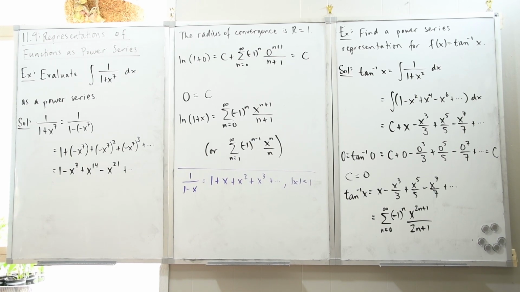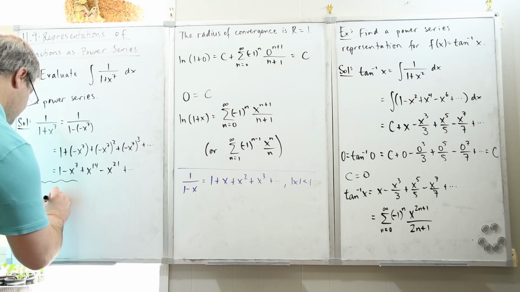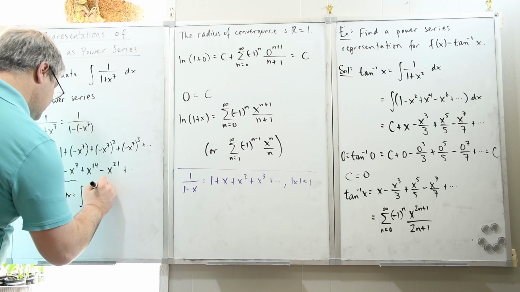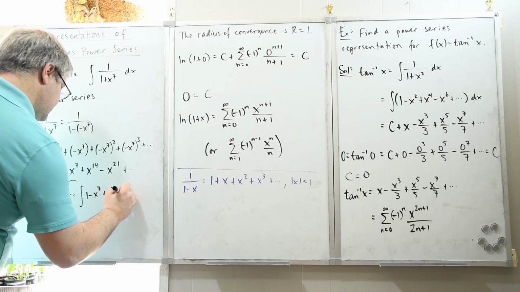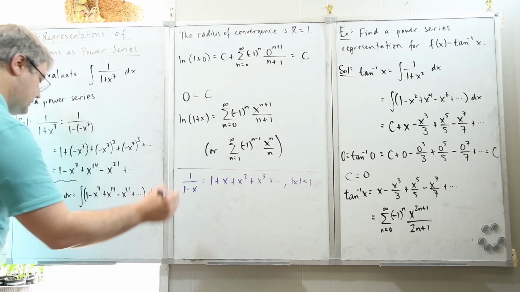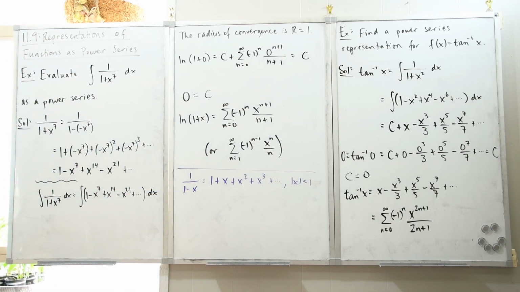So if our goal is to integrate, then what we're going to get is that the integral of 1 over 1 plus x to the 7th dx is equal to the integral of 1 minus x to the 7th plus x to the 14th minus x to the 21st, and so forth, with respect to x. So when we go to integrate this thing, we'll have our arbitrary constant, c, and then we integrate term by term.